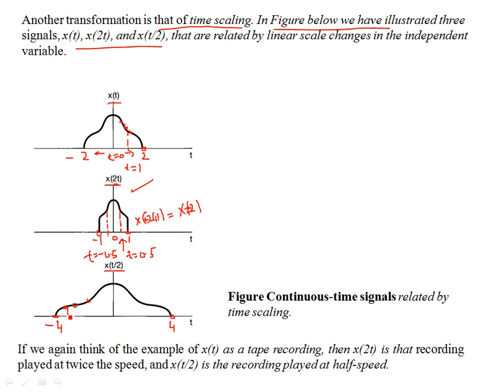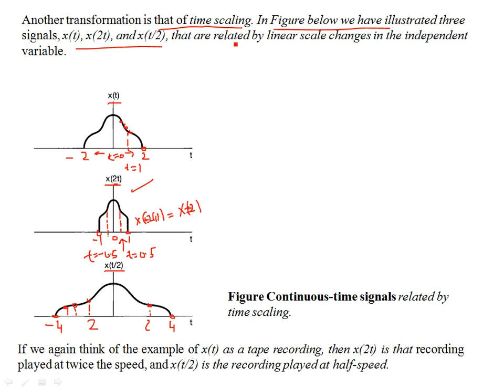Whatever is true at t equal to 1 is going to be true at t equal to 2. So at 2, the signal does not go to 0. Instead, it is simply stretched by a factor of 2. Therefore, this is a slow playback: you are playing your piece of recorded data at half the speed.